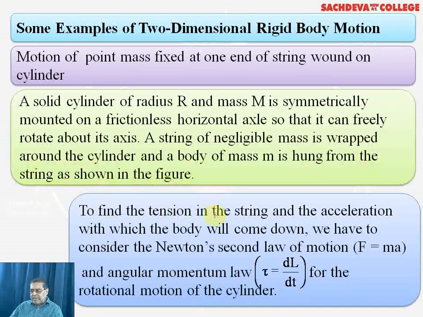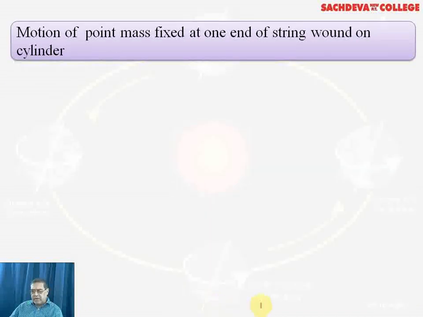To find the tension in the string and the acceleration with which the body will come down, we have to consider Newton's second law, that is force is mass into acceleration, for the linearly moving bodies, and for the rotational motion, the angular momentum law, tau is equal to dL over dt, that is the derivative of angular momentum with respect to time, for the rotational motion of the cylinder.